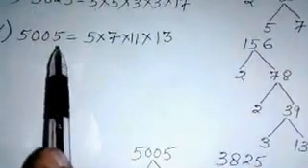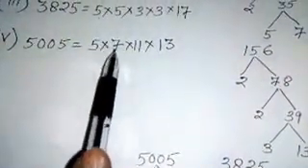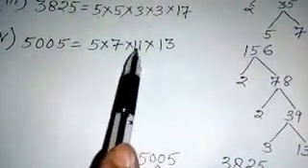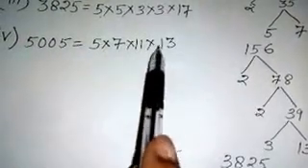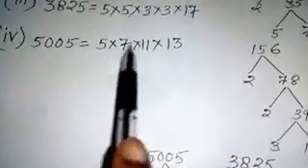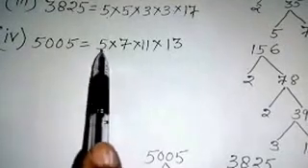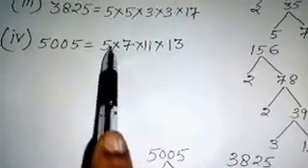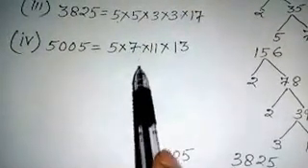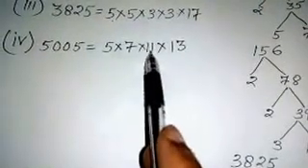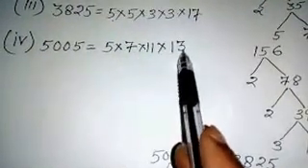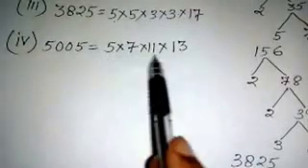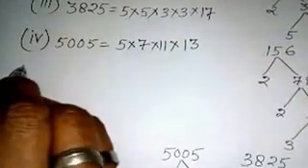Every composite number can be expressed as a product of primes in a unique way. The prime factors remain the same, but if you want, you can change the order. Like you can write 11 into 5 into 7 into 13. Even if the order is changed, the product remains the same.